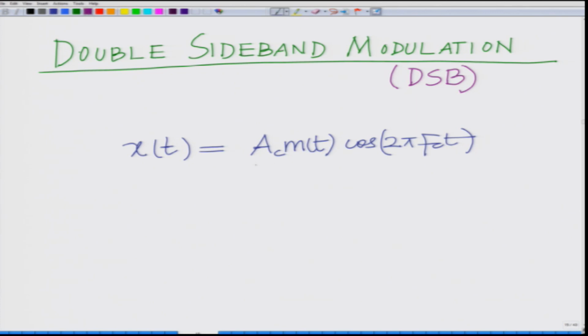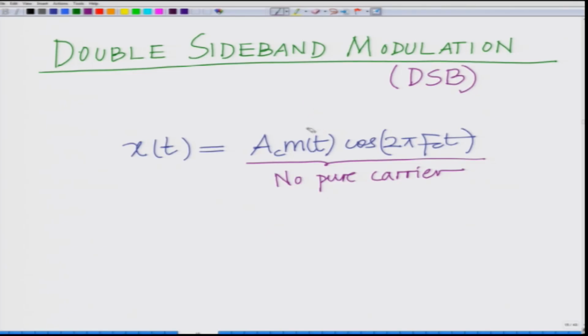Now, observe that in this amplitude modulated signal there is no pure carrier component, correct. We simply have the carrier that is modulated by the message. A_c, m(t) is the message signal, cosine 2 pi f_c t is the carrier at carrier frequency f_c.